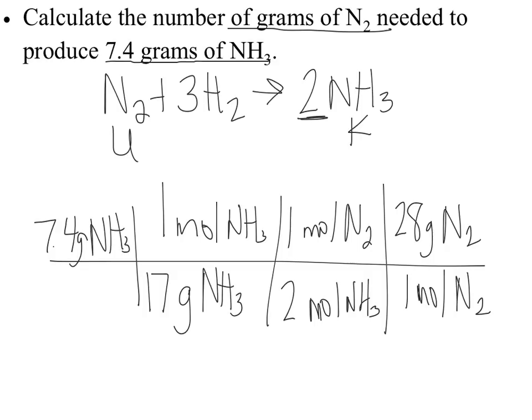Multiply across, so we're going to do 7.4 times 1 times 1 times 28. That gives us 207.2 divided by 17 times 2 times 1, 34. So 207.2 divided by 34. We end up with 6.1 grams of nitrogen.